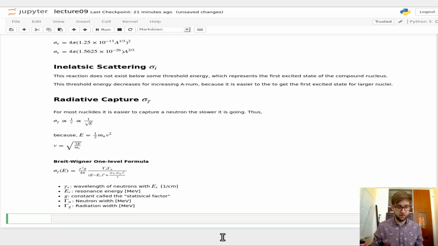Moving on, we have charged particle reactions.